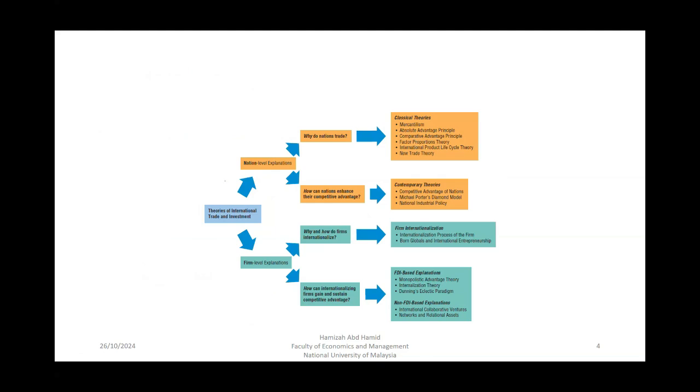So, for nation level explanation, we will discuss why nations trade, and these are the theories that we will be discussing today. We will also discuss how nations can enhance their competitive advantage. These are more modern theories. We will discuss more contemporary theories on nation level explanation.